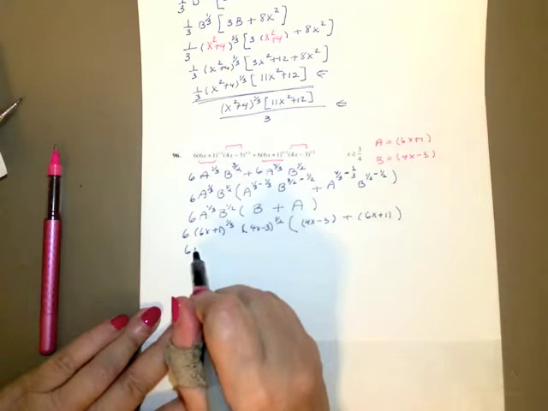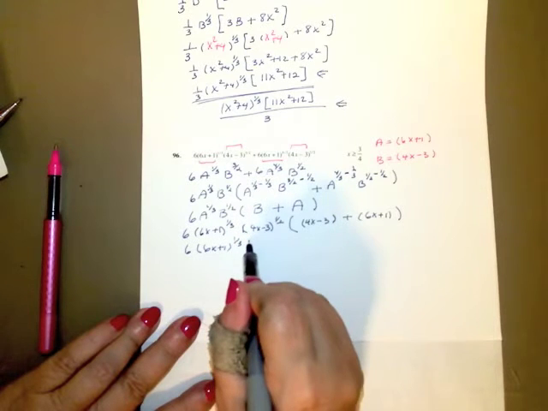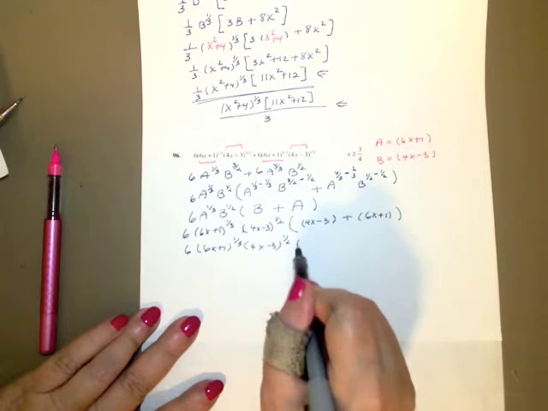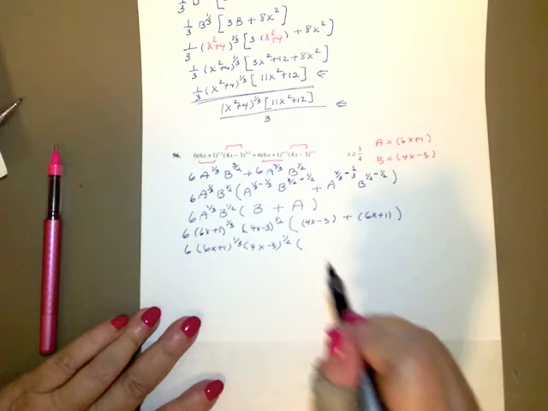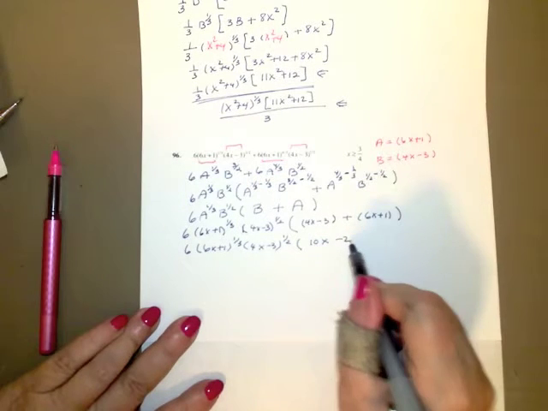Remove parentheses, combine like terms, 6x plus 1 to the 1/3, 4x minus 3 to the 1/2. That's a plus, so I don't need the parentheses. This is 10x minus 2.